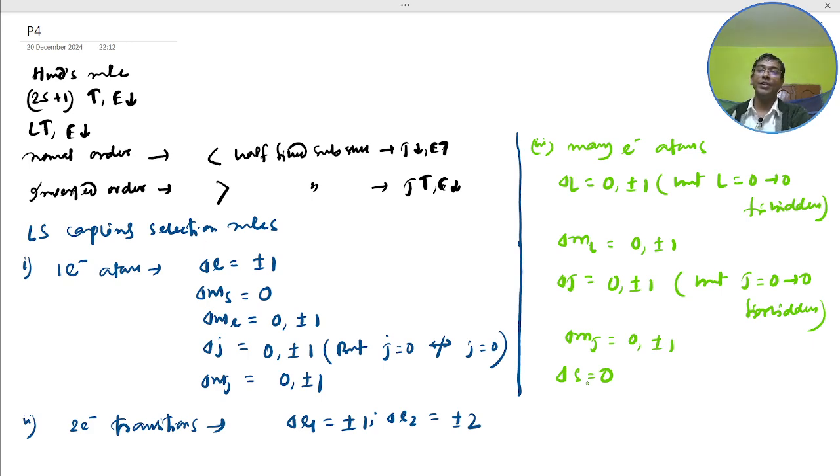This is the many electron atom selection rule for the transitions.